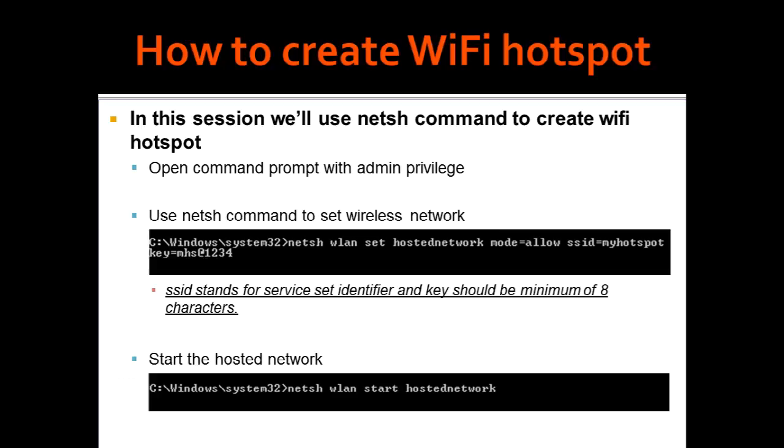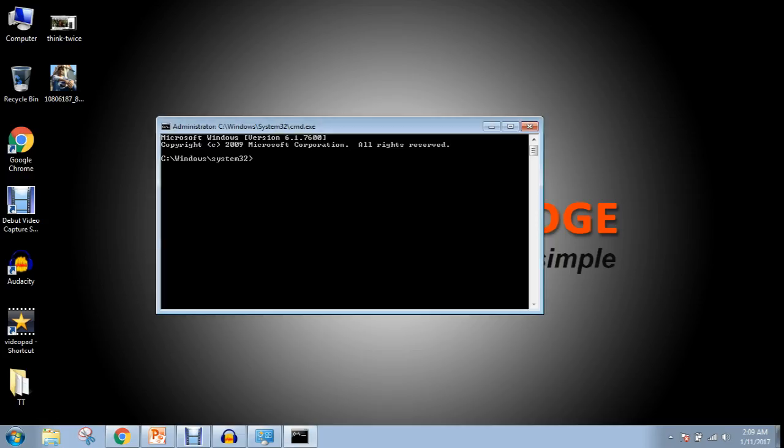use the netsh command to set up the wireless network. Let me tell you something first before using that. The netsh command is used to share the network, of course, and we can see what options are available with netsh. To know that, write netsh, space, question mark, and click enter.